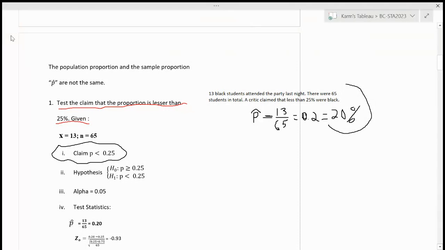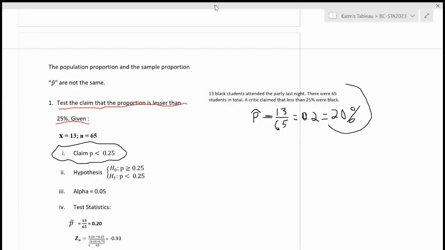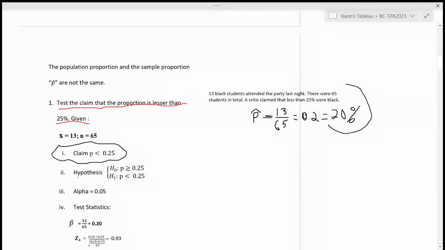So what I want to do now is the hypothesis, which is H0 and H1.